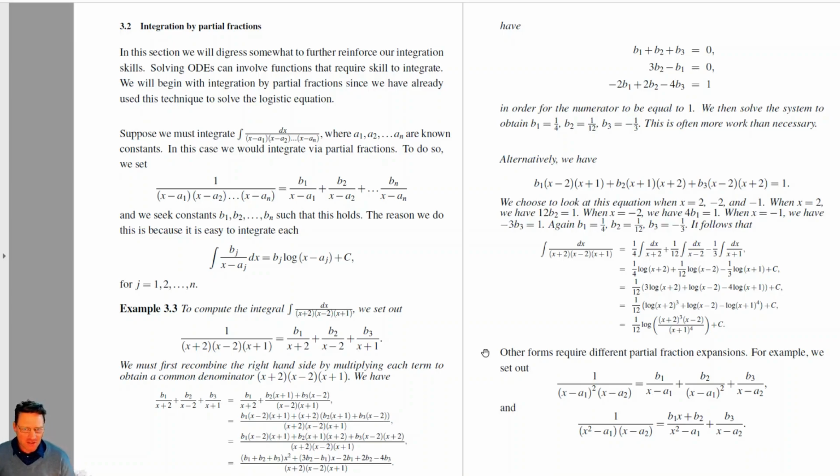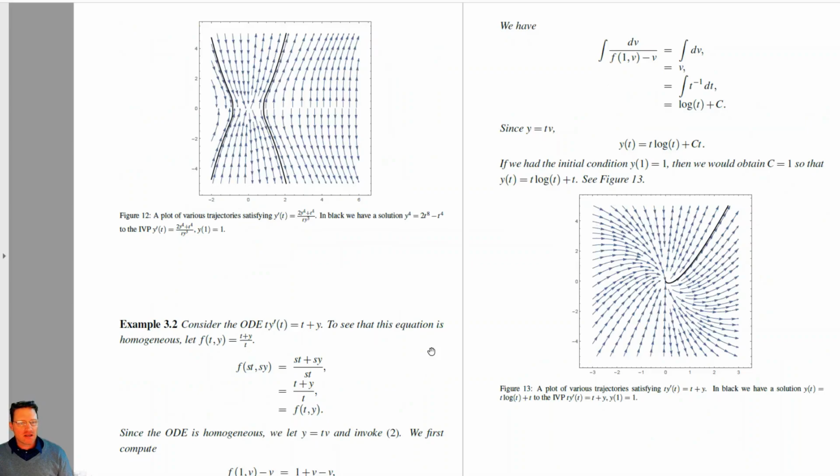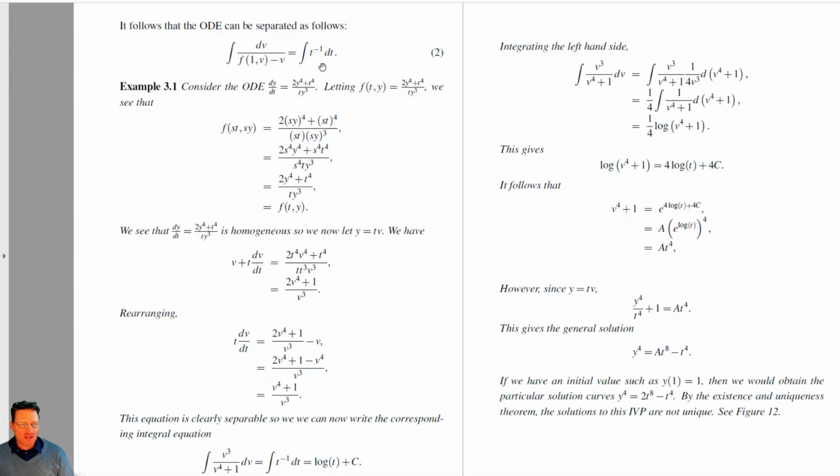And the first one is integration by partial fractions, because if we go back and look at equation 2, we end up having to do some somewhat potentially difficult integrals there, proceeding to solve homogeneous first order ODEs. And a lot of these will be by partial fractions, because we will quite possibly have a number of our integrals being products of things in that denominator once we simplify those.